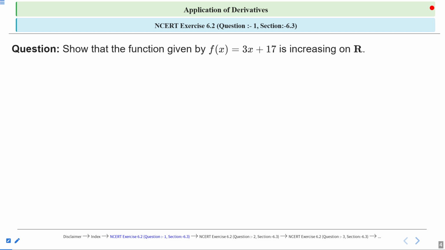Question says, show that the function given by f(x) equal to 3x plus 17 is increasing on all real values, right? You need to show that the given function 3x plus 17 is basically increasing on all real numbers, right? So you have some time to solve or think about this question.